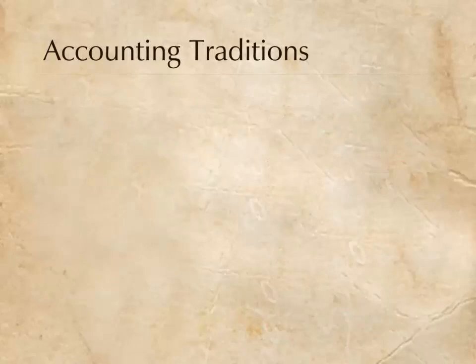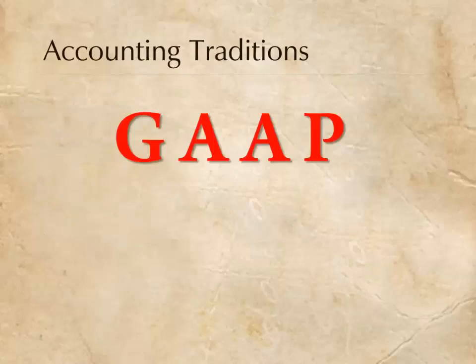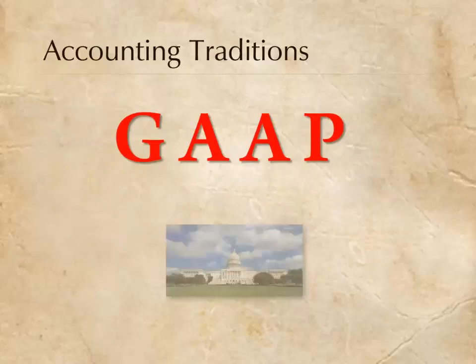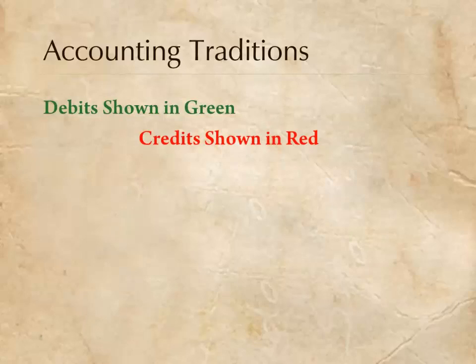In fact, accounting has formalized its traditions and called it Generally Accepted Accounting Principles. This is sometimes referred to as GAAP, spelled G-A-A-P. Sometimes laws are enacted that become part of GAAP. During this class, we will also show the debit amounts in green and the credit amounts in red.